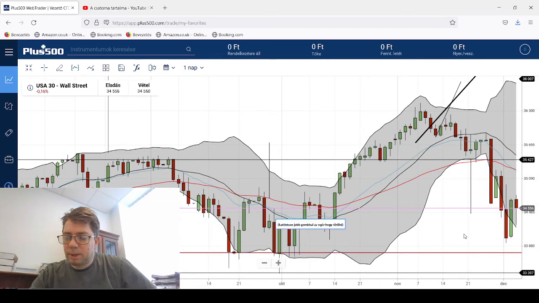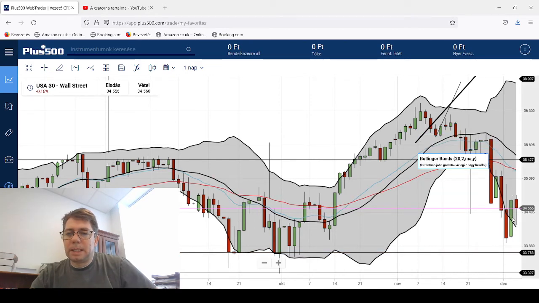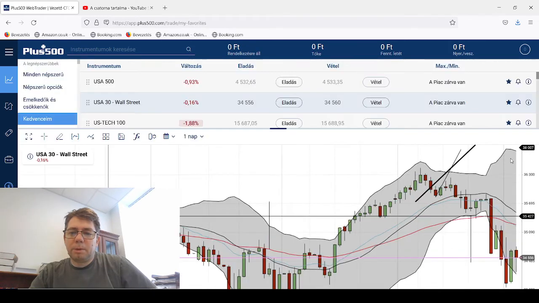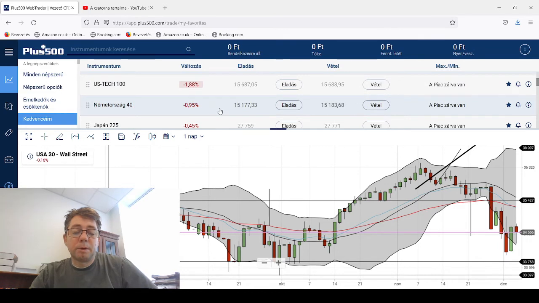This area, 33,758, is an area of support for me. We are trying to go back to the 50-day EMA. Let's see if we can do that, or we continue this downward movement to this support area. Once we are above the 50-day EMA, that's a bullish sign for me, if we can close the daily candle above that.